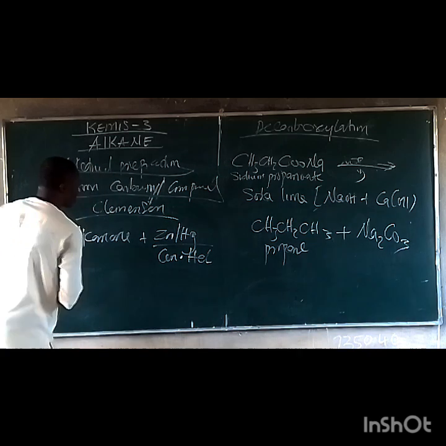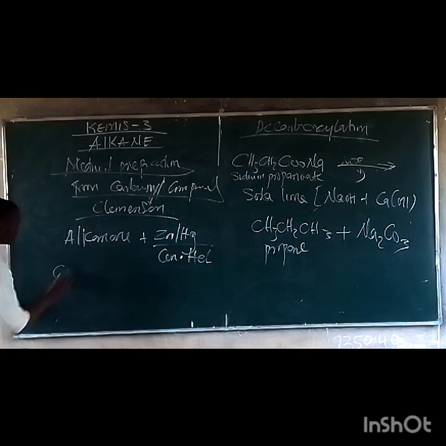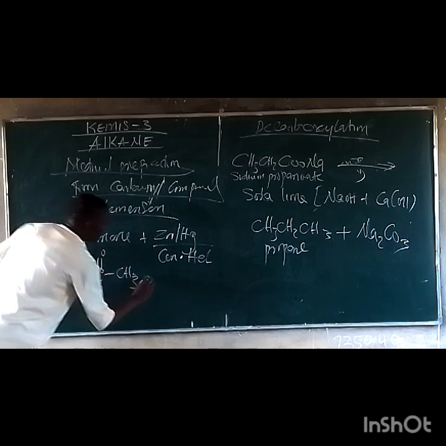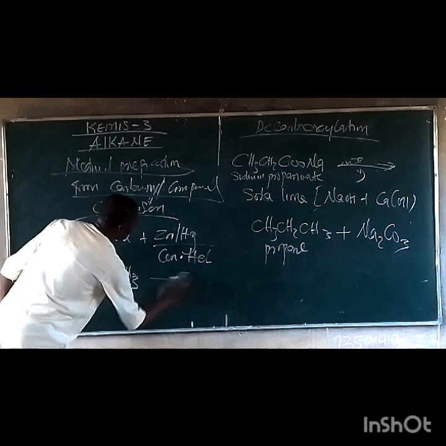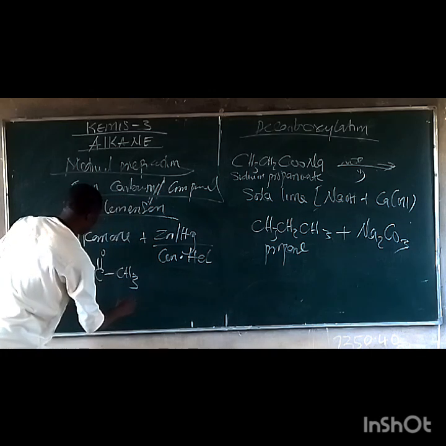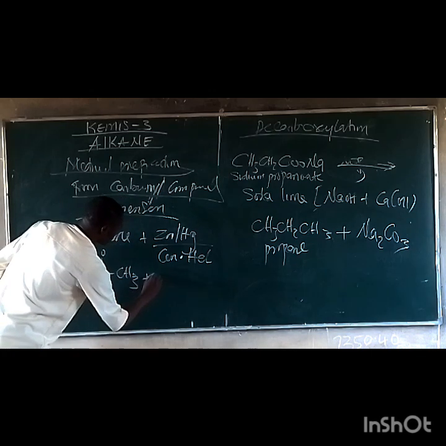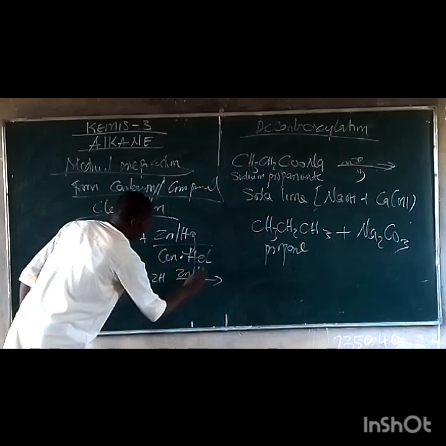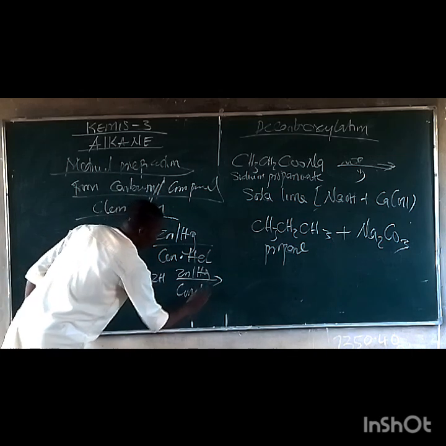So zinc amalgam and conc HCl. Now we have CH3, and then we have O here, we have CH3, and then we have the reagent there. You're going to add plus 2H, and then we have this reagent, zinc amalgam and conc HCl.